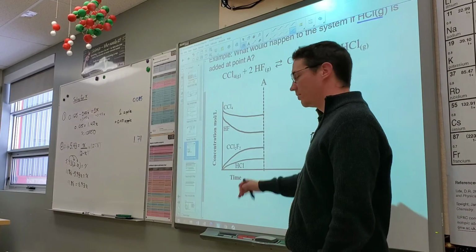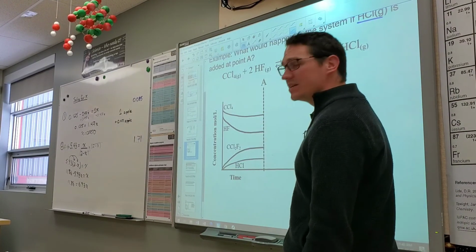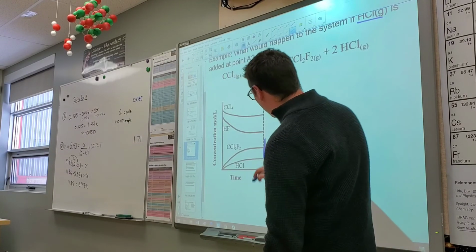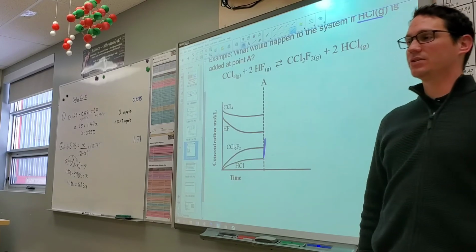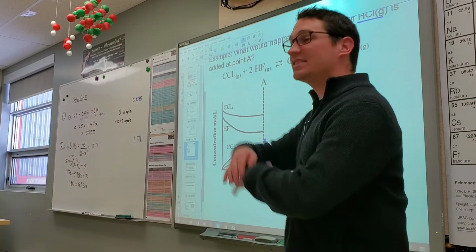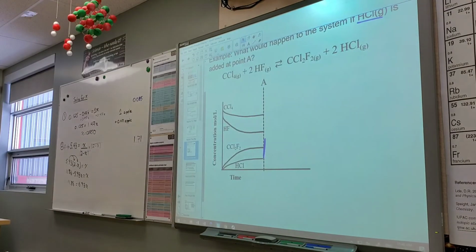Top, middle, or bottom? Bottom. So I'm going to immediately increase the HCl concentration. It spikes up. Have I thrown this system out of equilibrium? Yes, I totally have.